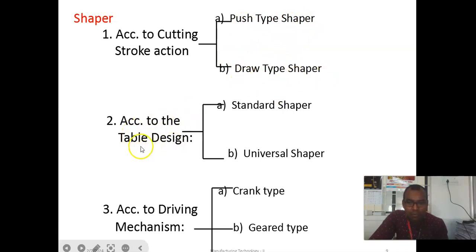Next, according to the table design, we differentiate the shaper into two types: the standard shaper and the universal shaper. And next, according to the mechanism used in the shaper to remove the material, it is differentiated into three types: the crank type, the geared type, and the hydraulic type. These are the basic differentiations based on the cutting stroke action, table design and driving mechanism.